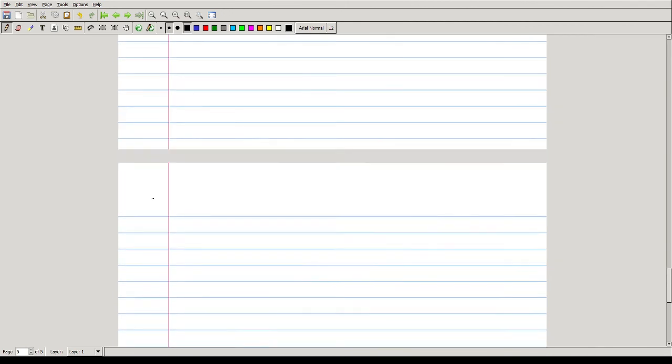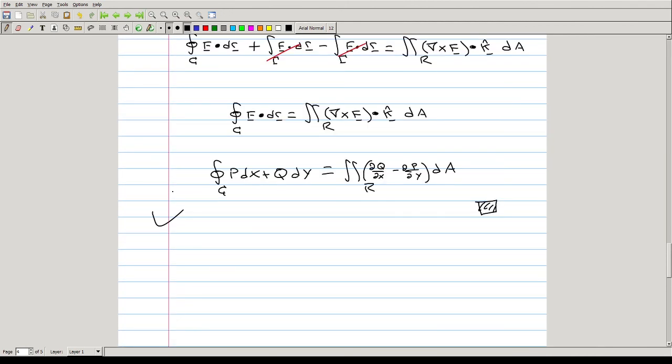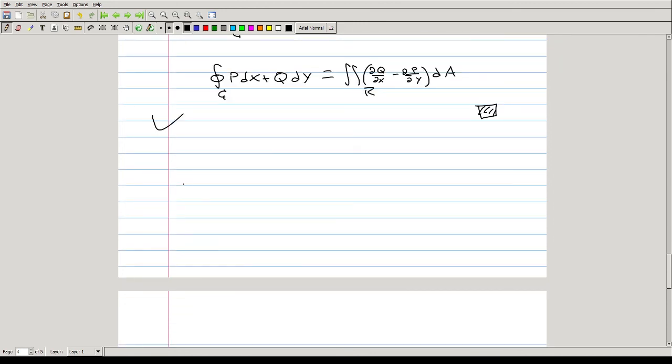It's very, very similar to it. So we'll see some more extensions of this a little bit later on.